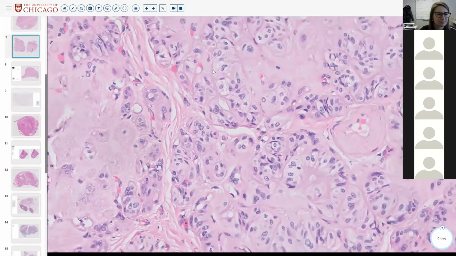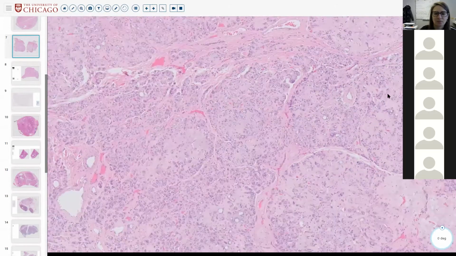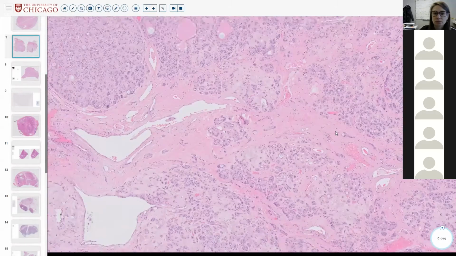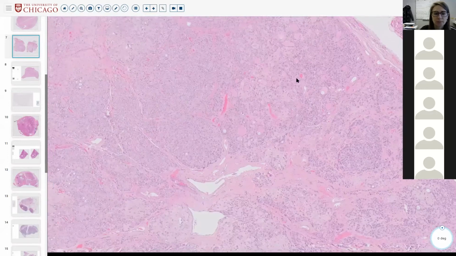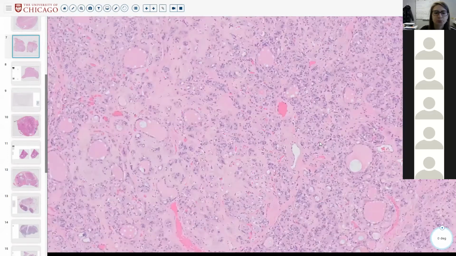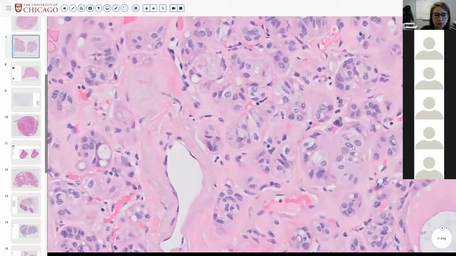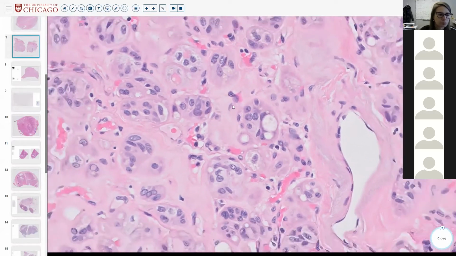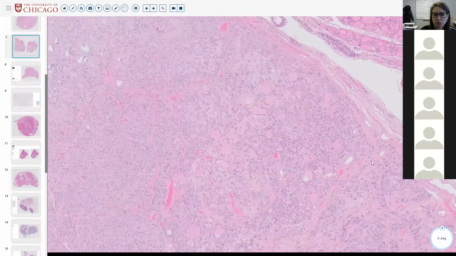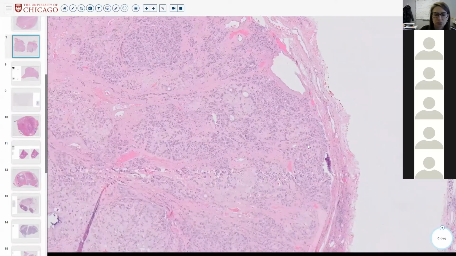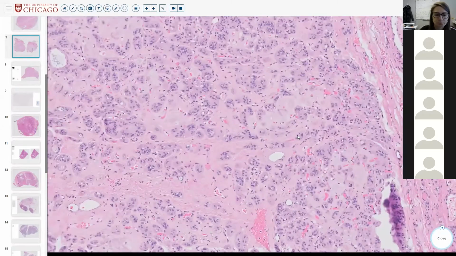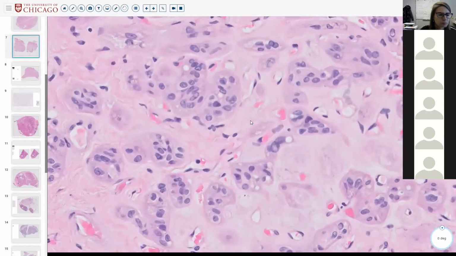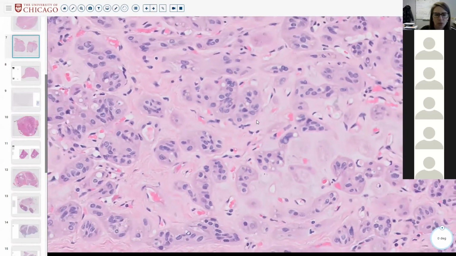On lower power, I was having a hyalinized nodule, and it has papillary features, but it is well confined. I haven't even seen one mitosis, but if I fish, maybe I'll see a couple. But it's well confined. It's papillary.